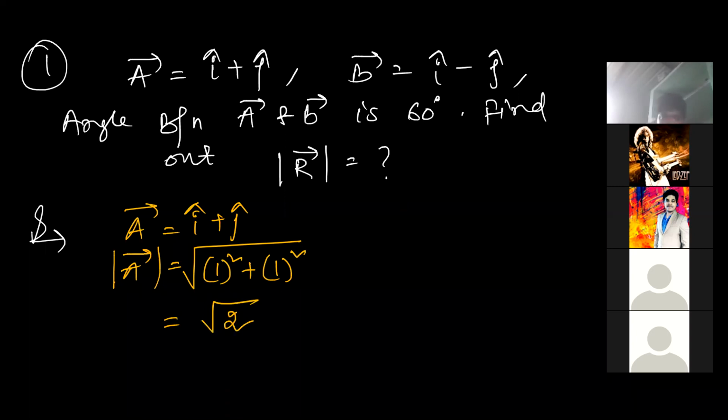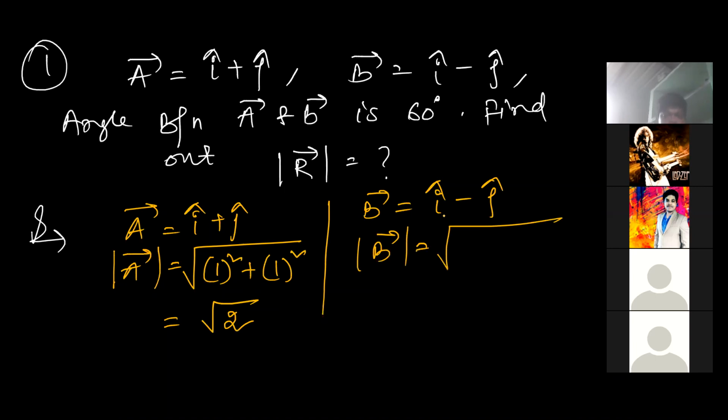I'm getting that. If I do the modulus of B vector as well, B vector is equal to I cap minus j cap. Now modulus of B vector is equal to under root of coefficient of I cap, which is 1, its whole square, plus coefficient of j cap, which is minus 1, its whole square. So it will also come as root 2.